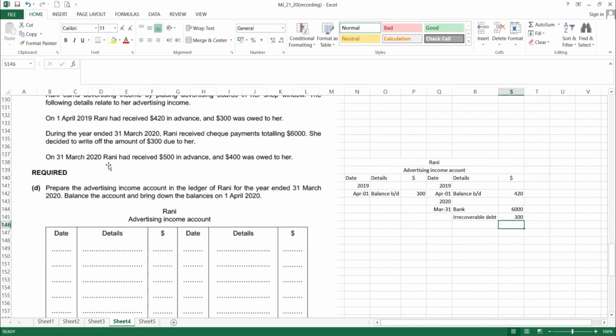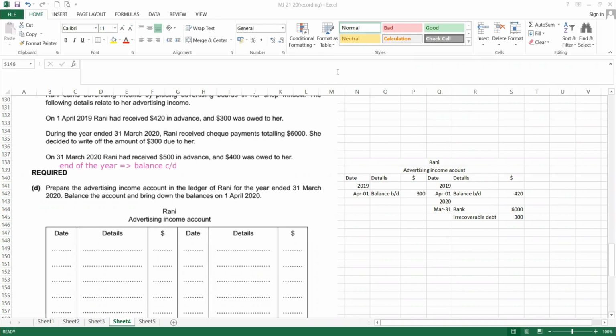On 31st March 2020, Rani had received 5,000 in advance. Year end in advance is a balance carried out. So this is the end of the year. This is balance carried out. Okay, take notes for it.